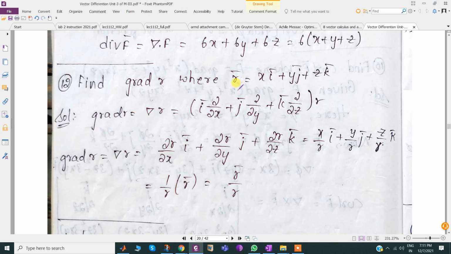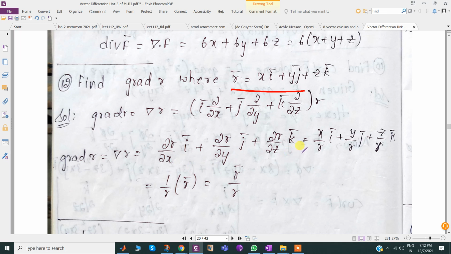Grad r, find grad r, not r bar, grad r, that means under root of this is del x by del x plus del y by del y plus del z by del z. Here del r by del x equal to x by r, del r by del y equal to y by r, del r by del z equal to z by r.